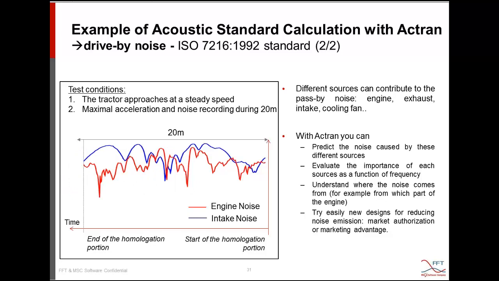Actran can compute the noise of these different sources and evaluate the importance of each of them as a function of frequency. It also allows understanding where the noise comes from and evaluating quickly the efficiency of a new design, whether it is for the comfort or for a market authorization.